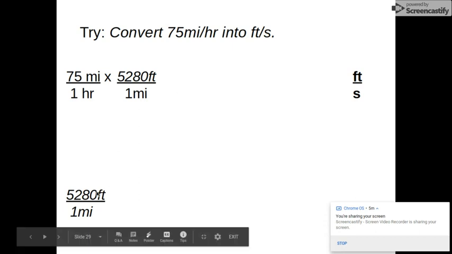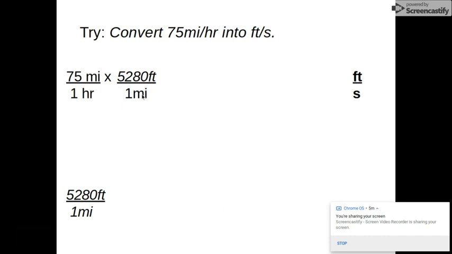Plug that in to our bridge in that arrangement, and that allows us to cancel out our miles, okay, leaving us with feet. That's exactly what we want in the numerator. Good. Okay. So now we have the top taken care of. So let's focus on the bottom. We need to get hours into seconds. So do we have a conversion factor that gets us from hours into seconds?